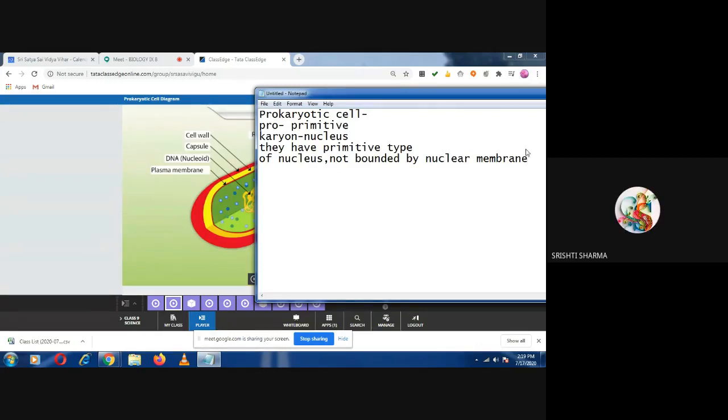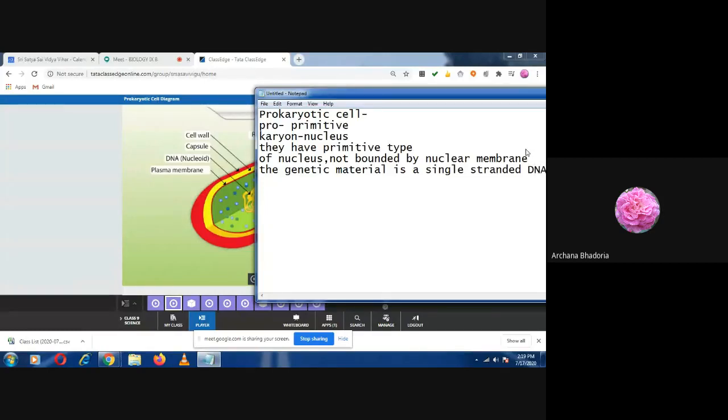Then the second very important feature, you write down: the genetic material is a single-stranded DNA. Do you know what is DNA, children?